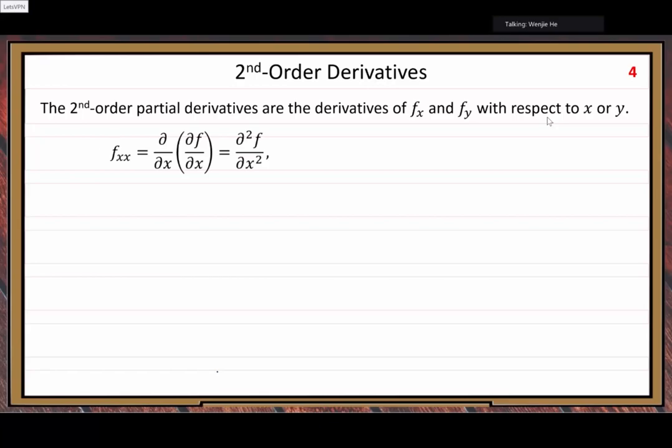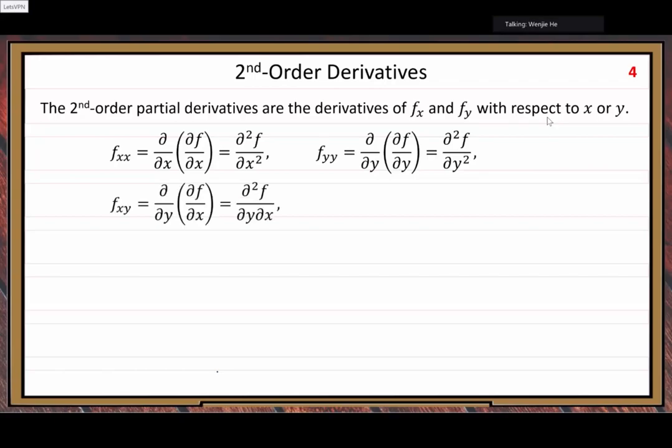The first one, take the partial derivative with respect to x twice. Then f sub double y, twice. Then the mixed version, x once and y once. There is another mixed version: take the partial derivative with respect to y first, then x second.